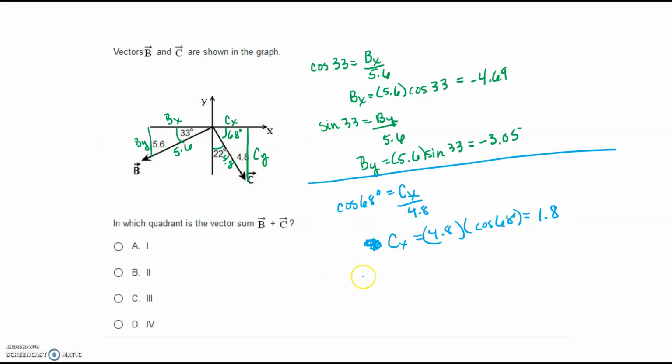And then the sine of 68 is going to give us CY, which is CY is equal to 4.8 sine of 68, which is equal to, I got negative 4.5 because it's in the negative direction. So now I have all of these numbers.